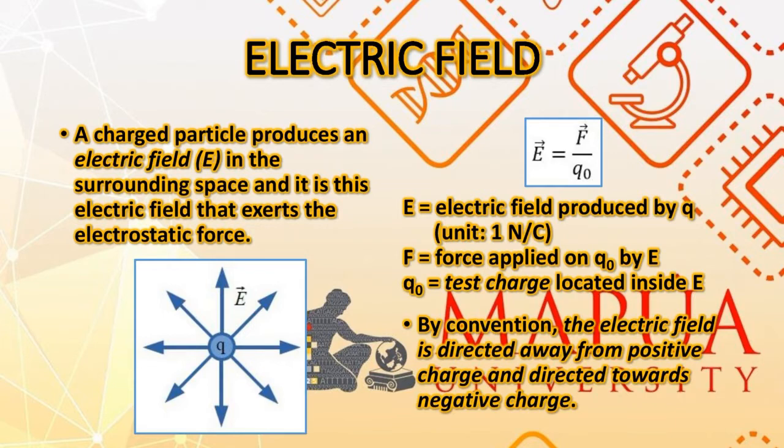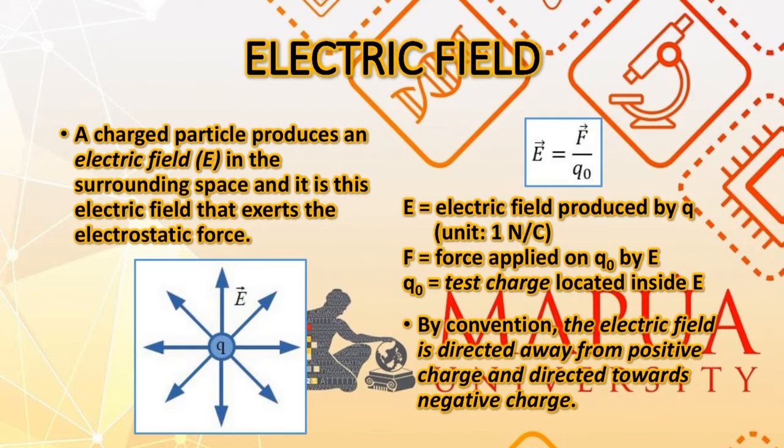The unit of electric field is newton per coulomb, and by convention, the electric field is directed away from positive charge and directed towards negative charge. The electric field is given by the following equation. E is equal to F over q naught.